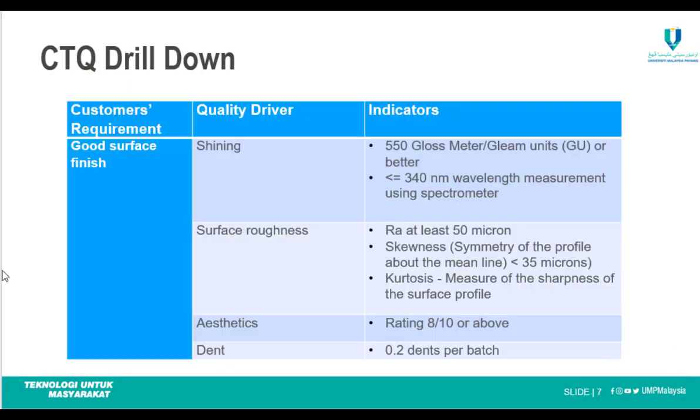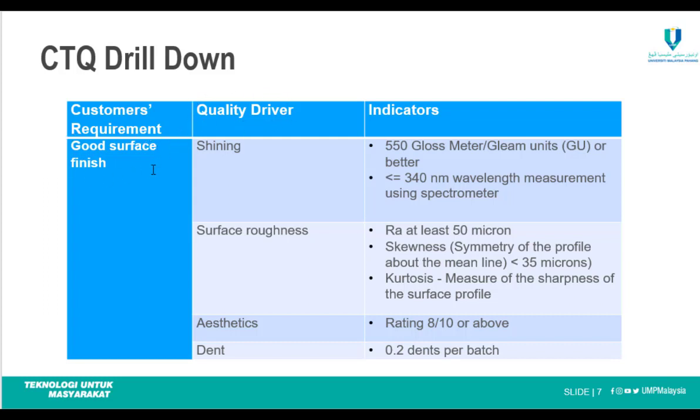All right, so from there, we conduct a CTQ drill down to identify what the quality drivers and also indicators are that we can use. Based on the survey that has been conducted, the main issue is regarding the surface finish. So we need to interpret the customer's requirement here into quality drivers.